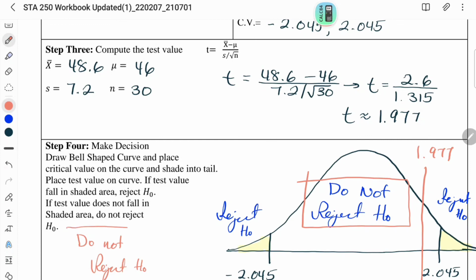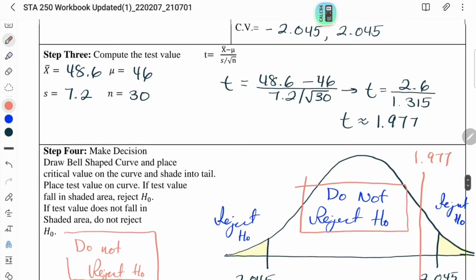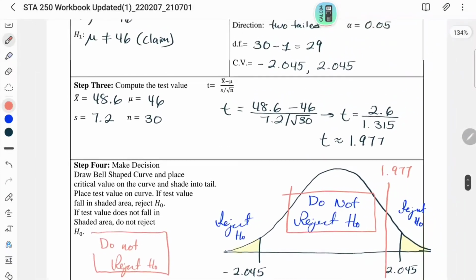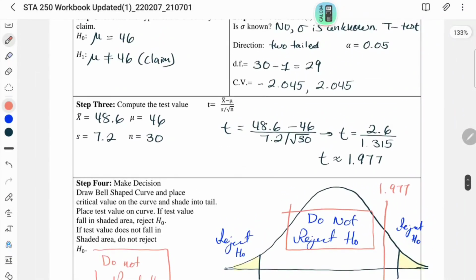That is your decision. So that means we're going to go back up to our hypotheses. For our null, we do not reject it. If we're not rejecting our null, then we are accepting it.